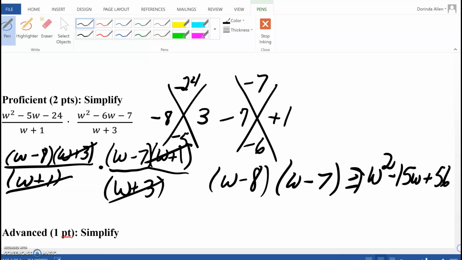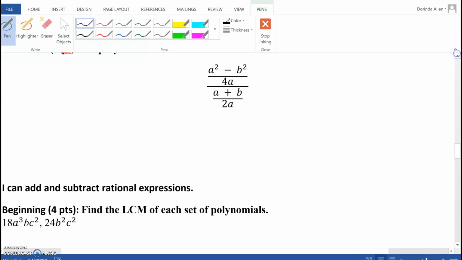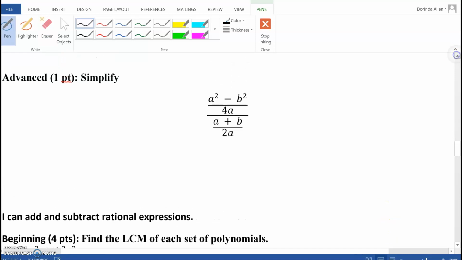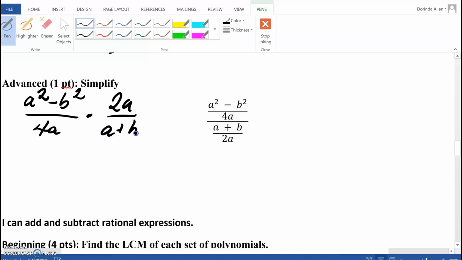All right, last one that we're going to look at on this review for this video is this one. So this is division, just written in a different way. So I know that division is multiplying by the reciprocal, so I'm going to flip this bottom one. And then I see some powers to the 2, so I should know to factor that.